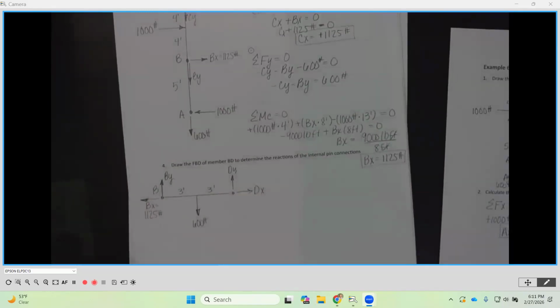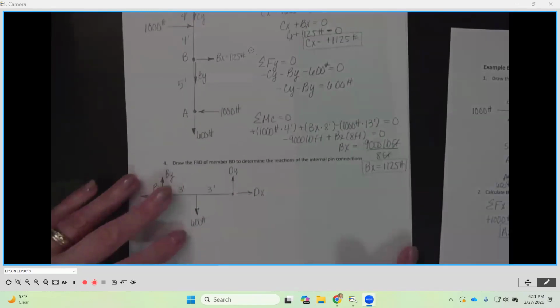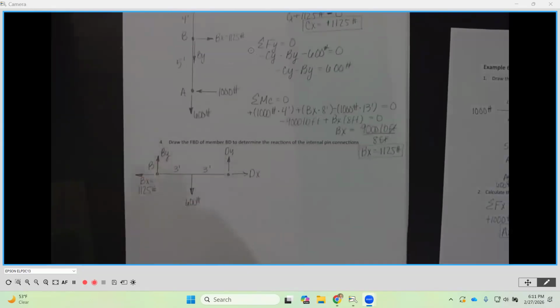So now we're going to solve for the values that we don't know. We want to find BY, DY, and DX and see how we do. First things first, we have our 3 equations of equilibrium. Which one do we want to start with here? Sum the forces in the y. Yeah, let's go ahead and do the y's.